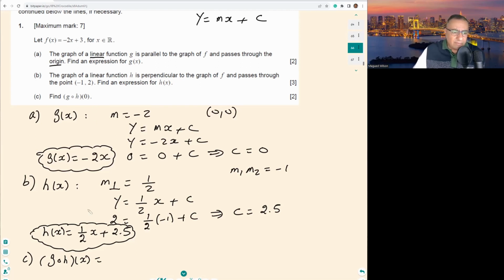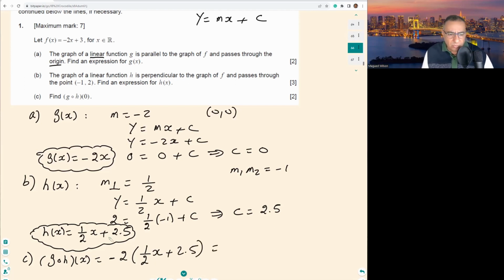We have g of x, which is -2x, and we have h of x, this whole expression. When we say g of h, we replace each x in g by the whole expression of h. So that will be -2, and instead of x, I put 1/2 x + 2.5.